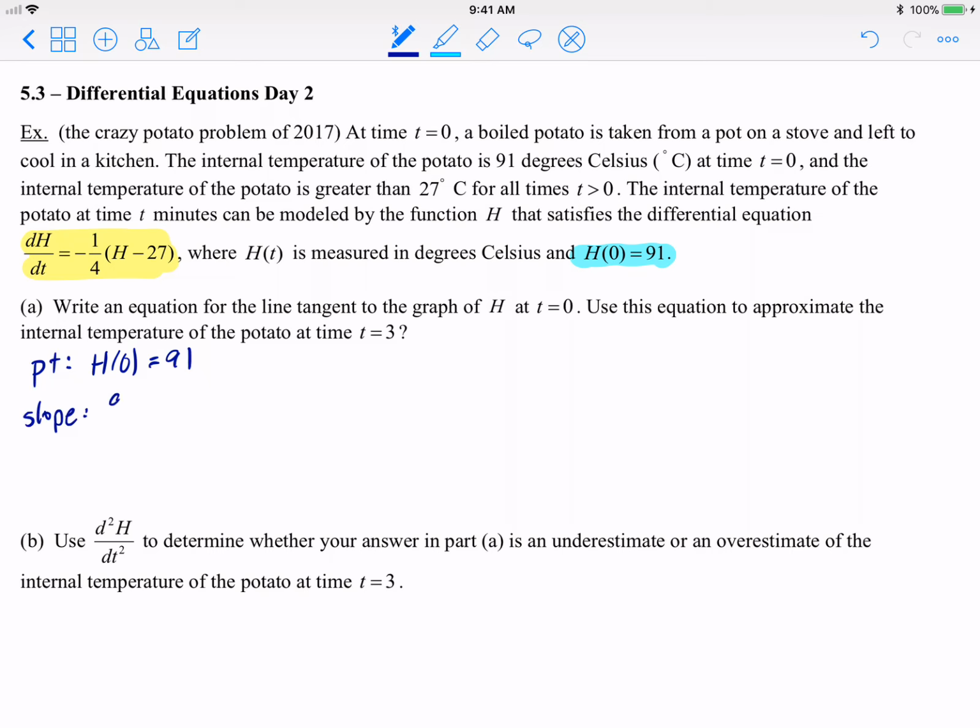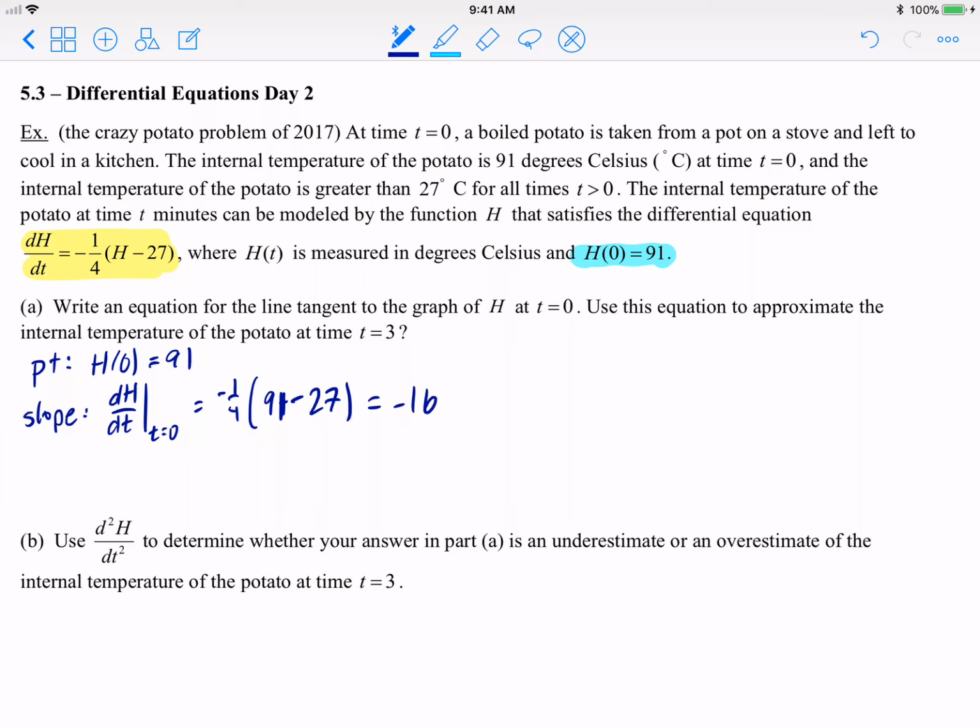And so to get the slope, we're going to evaluate dh dt at the time when t is equal to 0. Well, when t is equal to 0, h is equal to 91. So this is going to be negative 1/4 multiplied by 91 minus 27, which ends up giving you negative 16. Okay, so that's my slope.